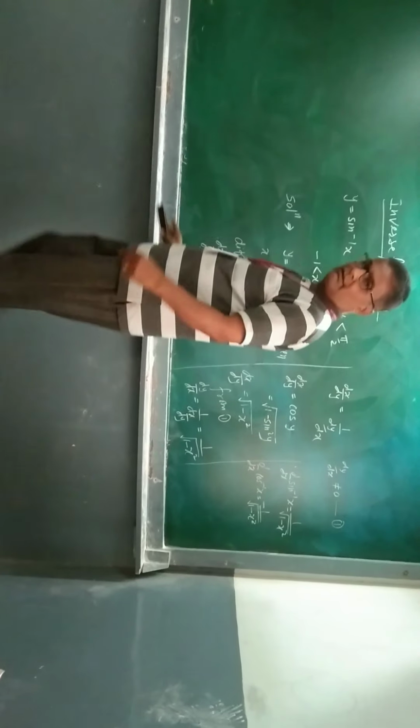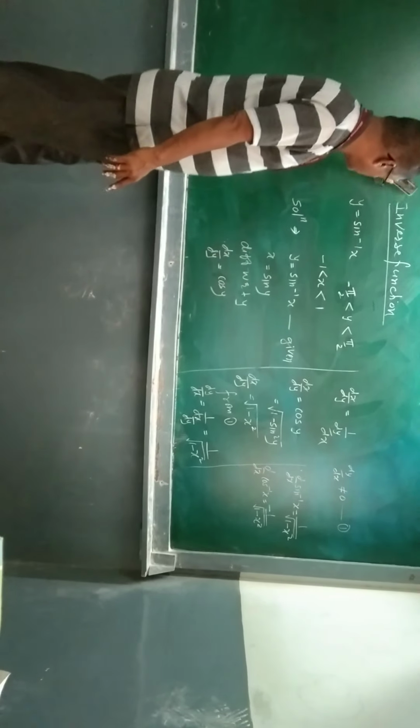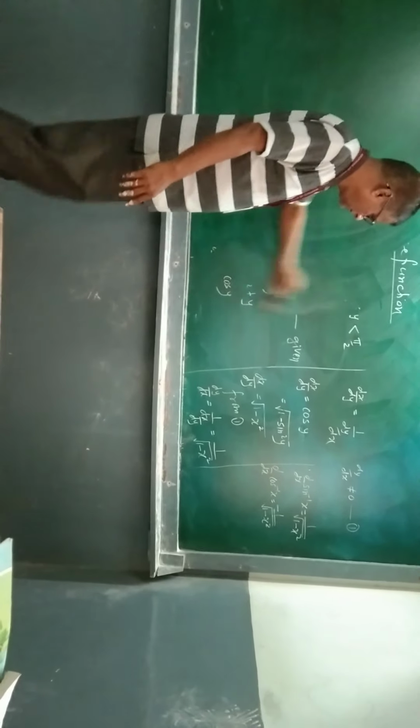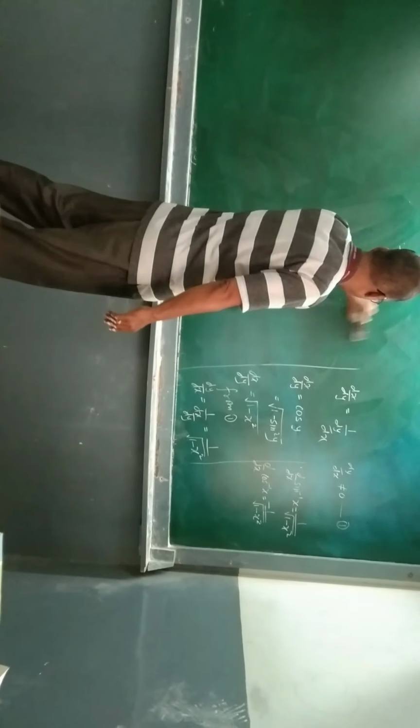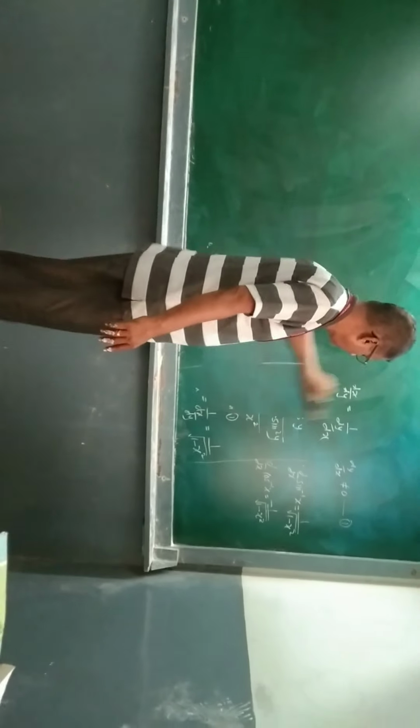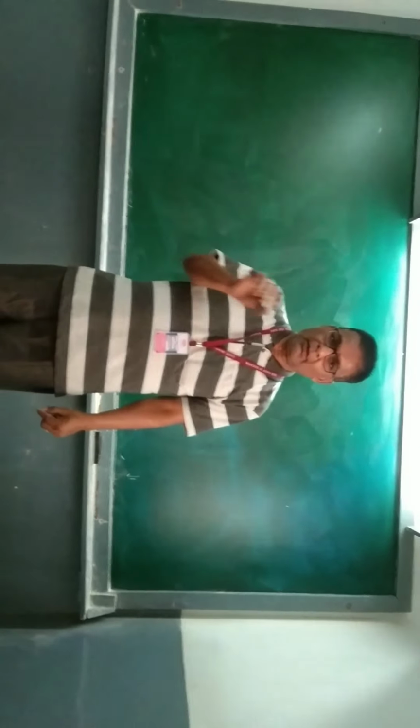Now in a similar way we can find the derivatives of tan inverse of x, cot inverse of x, sec inverse of x and cosec inverse of x. I will give only 3 derivatives of those functions. Sin inverse of x and cos inverse of x derivatives are 1 upon under root of 1 minus x square and minus 1 upon under root of 1 minus x square. Similarly, take the example y is equal to tan inverse of x.